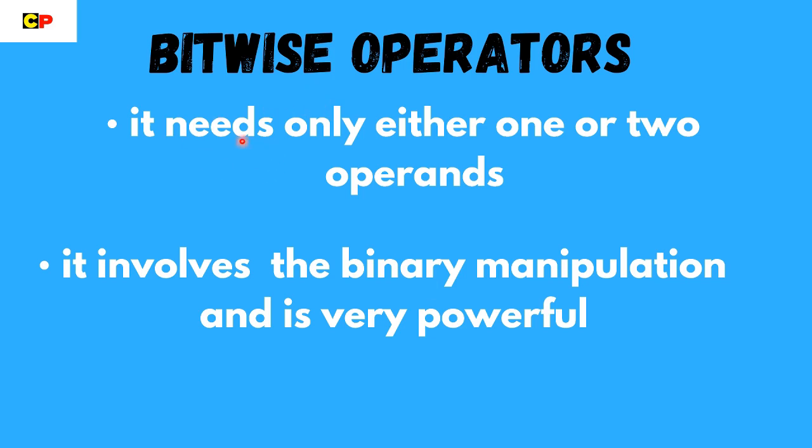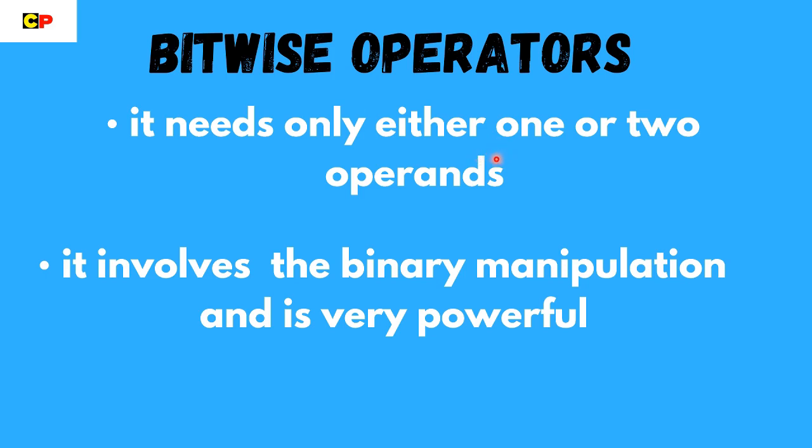Starting the bitwise operators part, first we'll see how we apply them. To apply a bitwise operator, we need a minimum of one operand and a maximum of two operands. That means you cannot apply the bitwise operators on more than two operands.